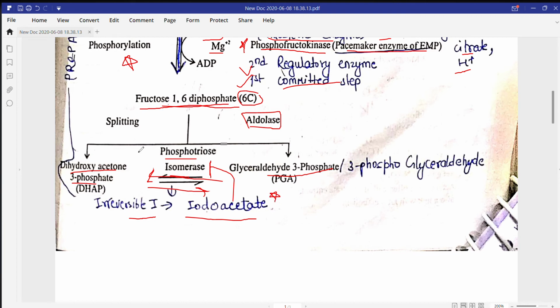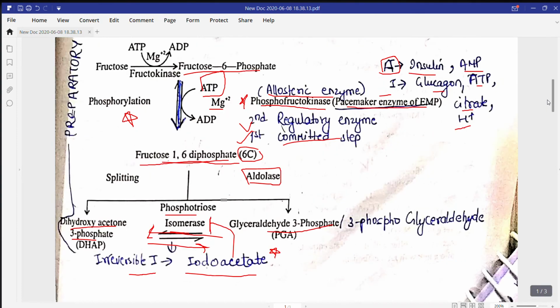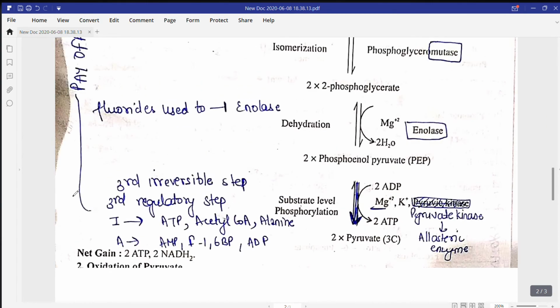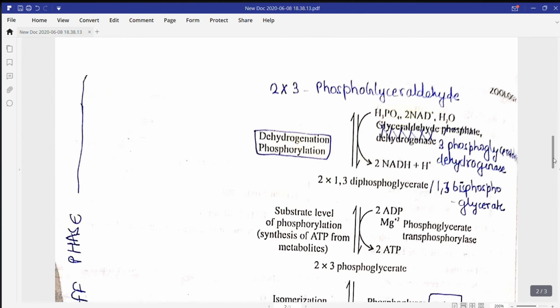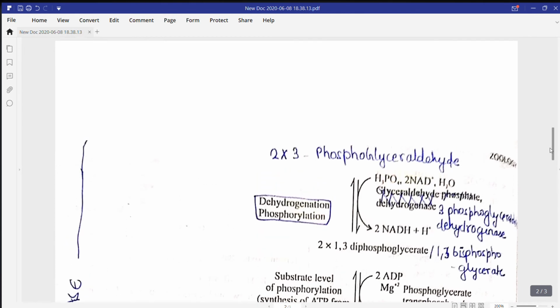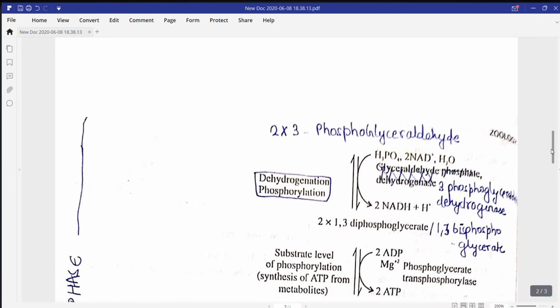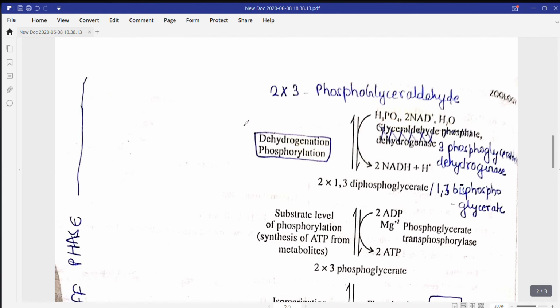Up to here, this is a preparatory phase. Now, the next step is the payoff phase. We're going to start it.